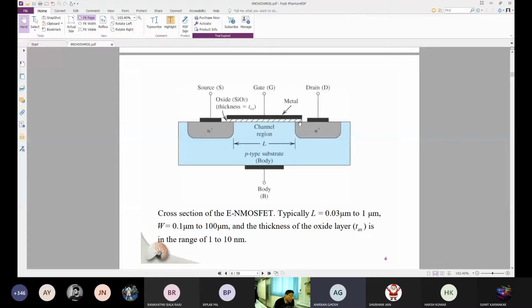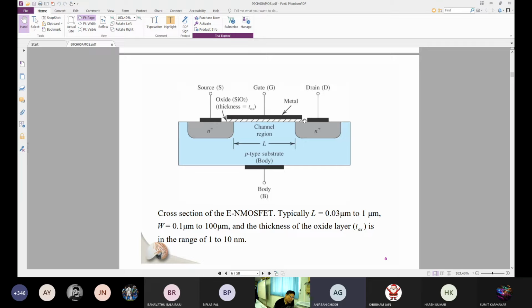So what I want to point out is that the gate should not terminate at the edge of the source or the drain. It must extend a little beyond the drain, something like up to this point.